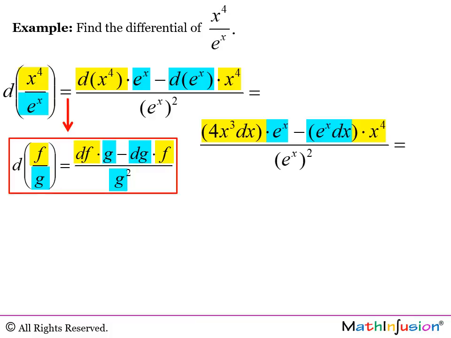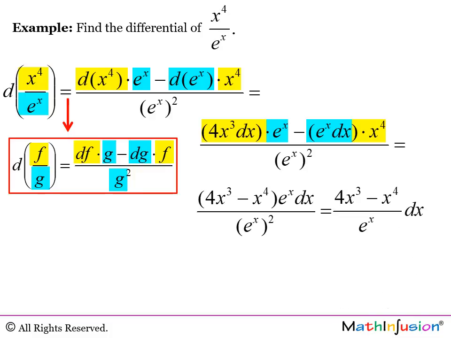And I get that because the differential, as before, of x to the 4 is 4x cubed dx, and the differential of e to the x is e to the x dx. I get that. I can simplify a little bit. I can cancel one of those e to the x at the bottom with e to the x on the top. And I get that.